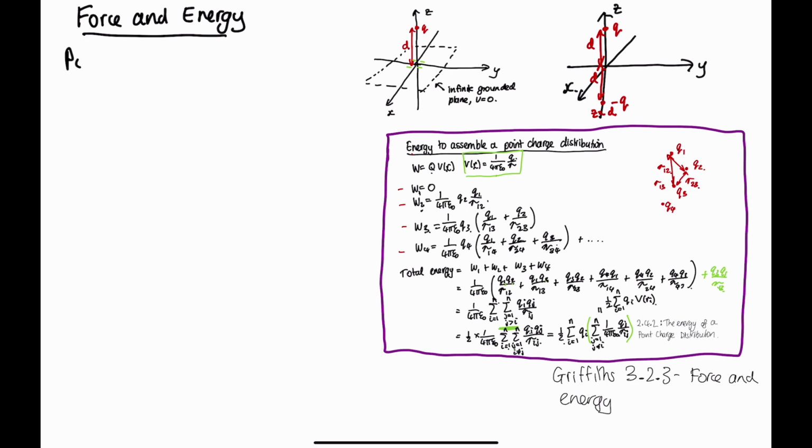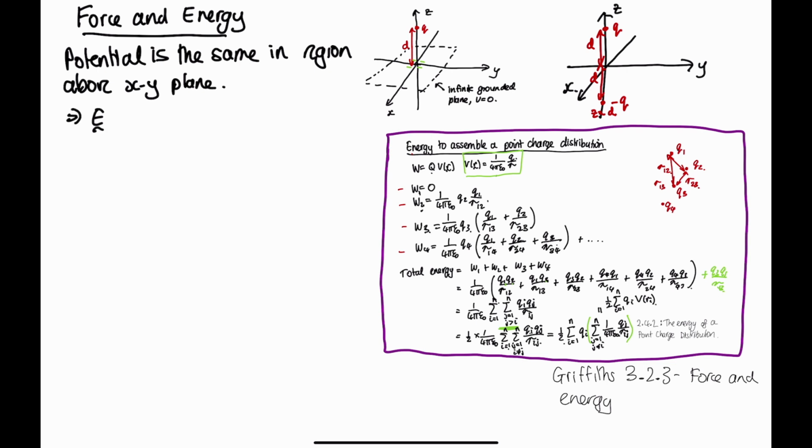So the potential is the same in the region. It's important which region we're considering here. So in the region above the xy plane. And since the potential is the same, this tells us that the electric field is the same in that region.